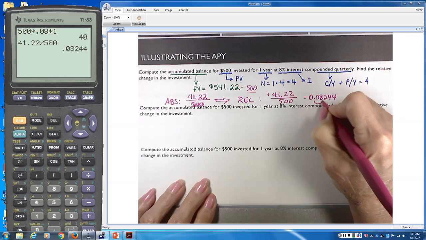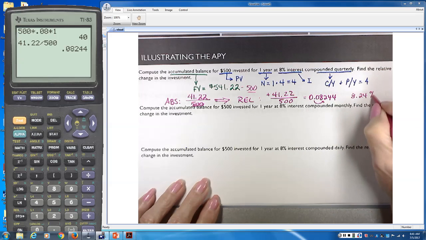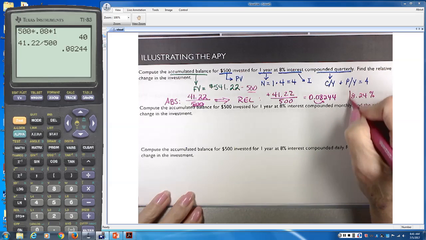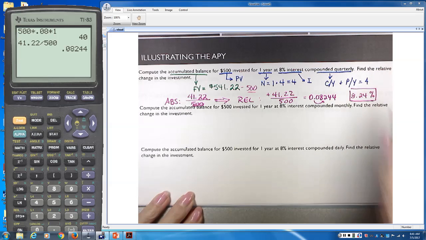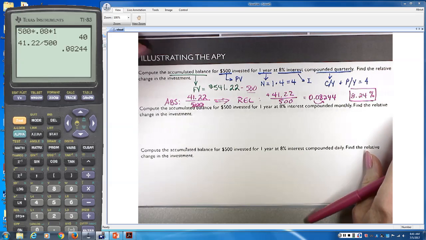So when we change that to a percentage, that's 8.24%. That's the relative change in the investment. Now notice what happened that's different this time.